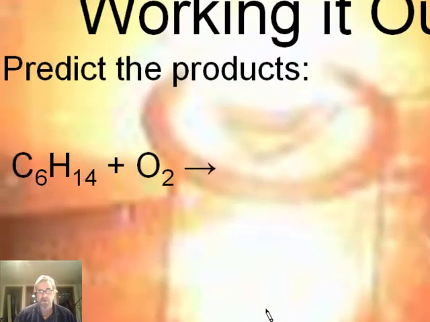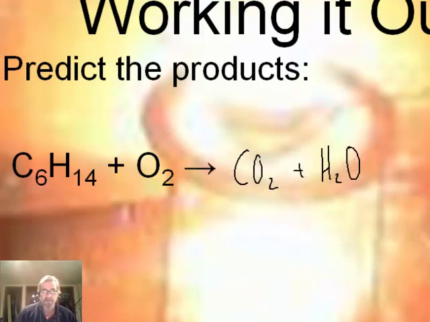So here's an example problem. C6H14 plus oxygen. My products I know are going to be CO2 and H2O. Now here's the strategy for balancing these things. Balance carbon and hydrogen first, because oxygen is in 3 out of the 4 species in this whole equation, and so it's going to be the hardest one to balance.